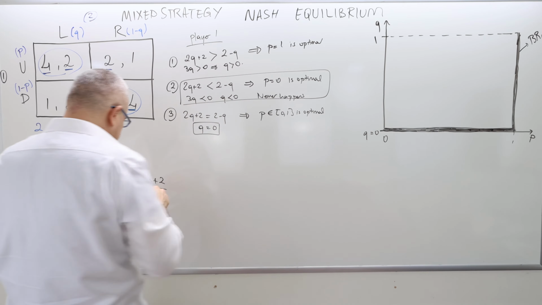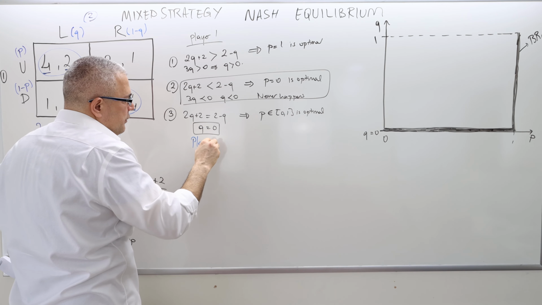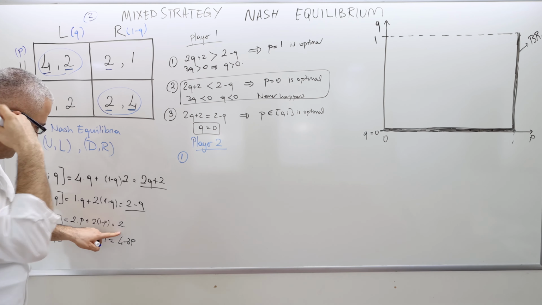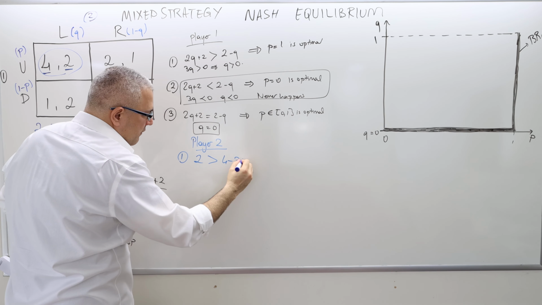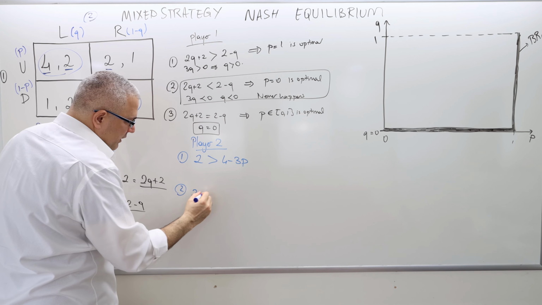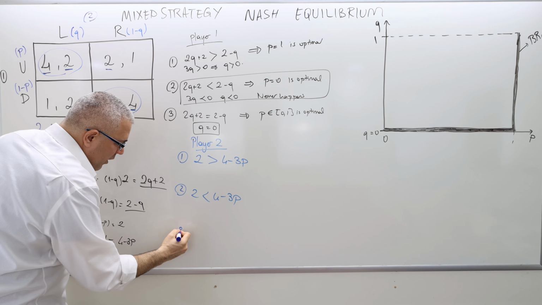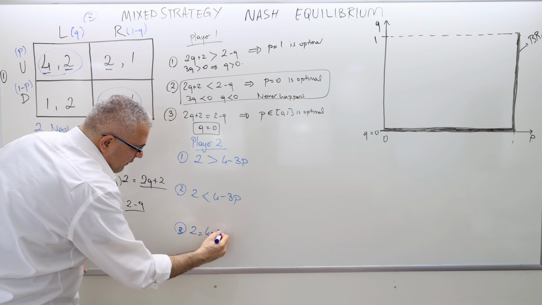Now, the best response function for player 2. There are three scenarios. Either 2 is greater than 4 minus 3P, or 2 is less than 4 minus 3P, depending on the value of P, or the third, 2 equals 4 minus 3P.